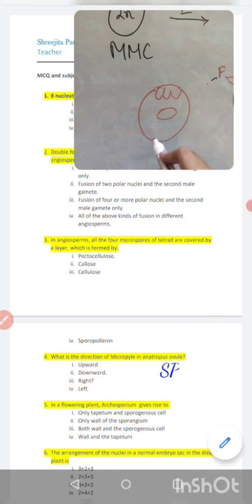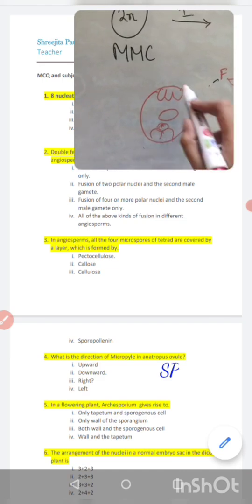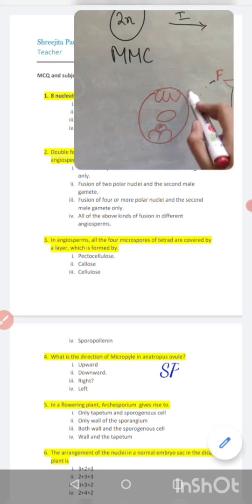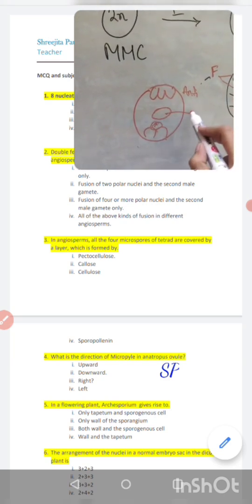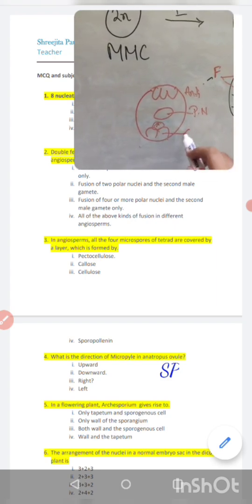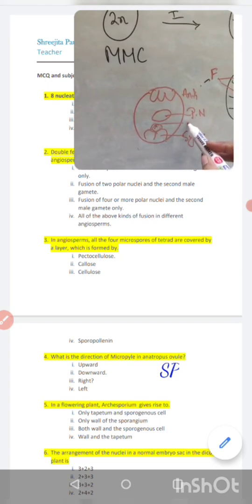The embryo sac is designed like this: three antipodal cells are there, I'm not writing the full name, student. This is the polar nuclei, these two are the synergids, and at the proximal level of the synergids the egg is present.